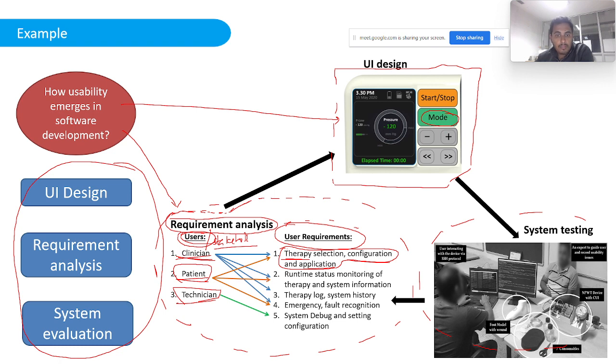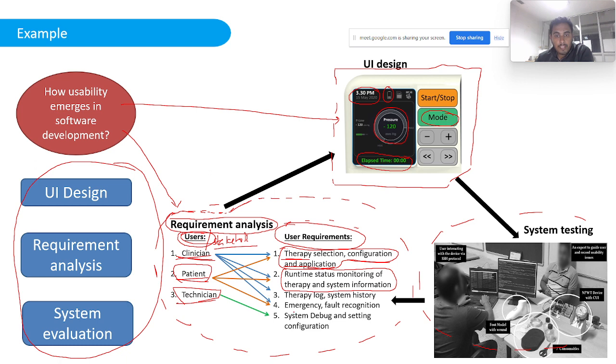Similarly, the clinician should be able to monitor the runtime status of the system. So here runtime information means, for example, the pressure indication as well as the elapsed time. Okay, also the time, battery level, so all those are important information that the clinician wants to monitor during the therapy.